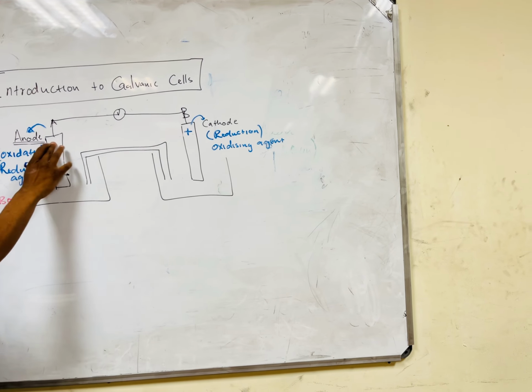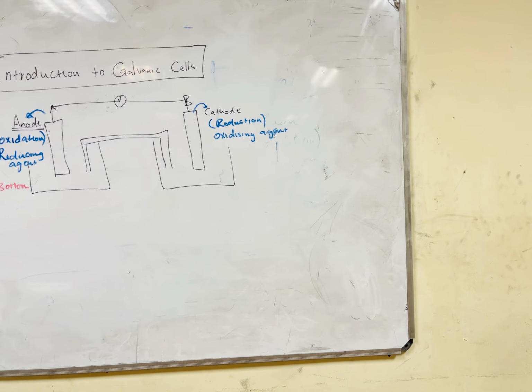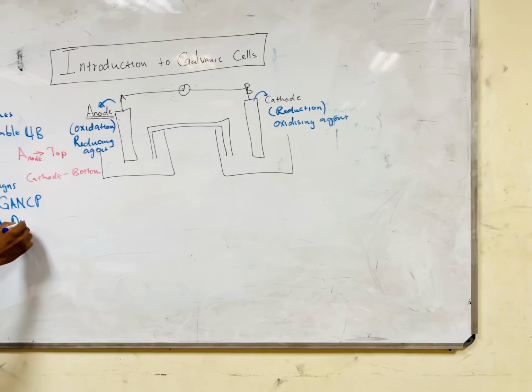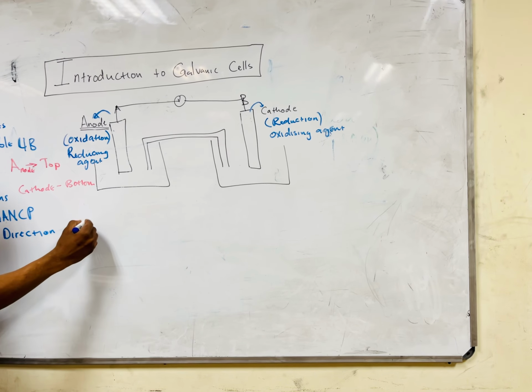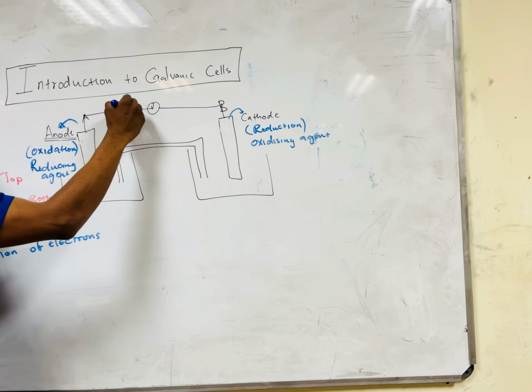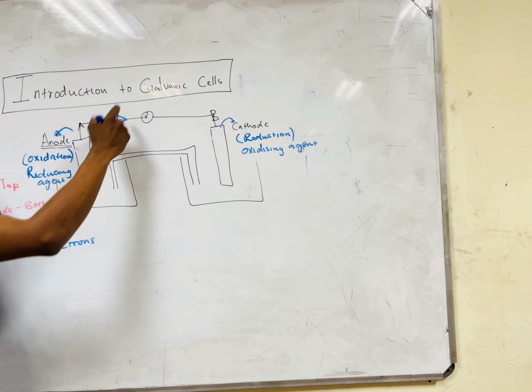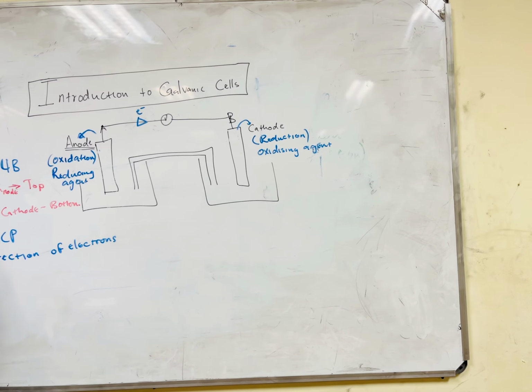At times, they won't give you the signs and they won't give you the names. They will give you the direction of electrons. So just put that arrow there, which is for direction, and they put a small e there.